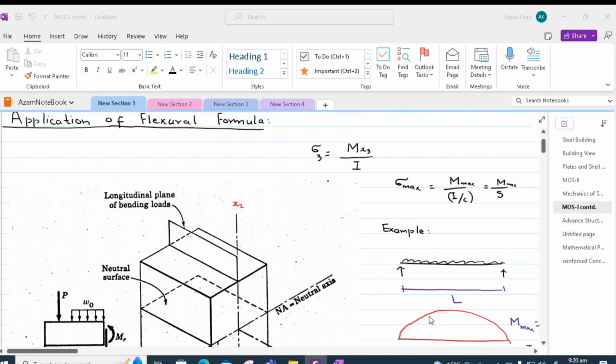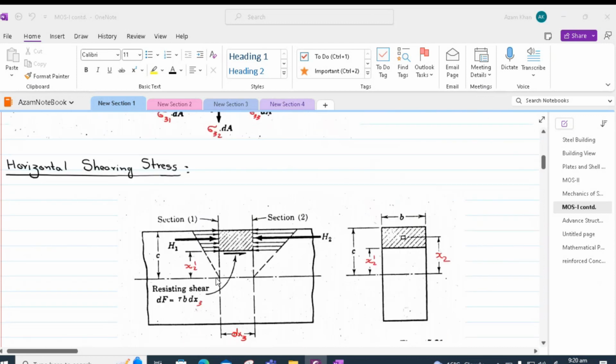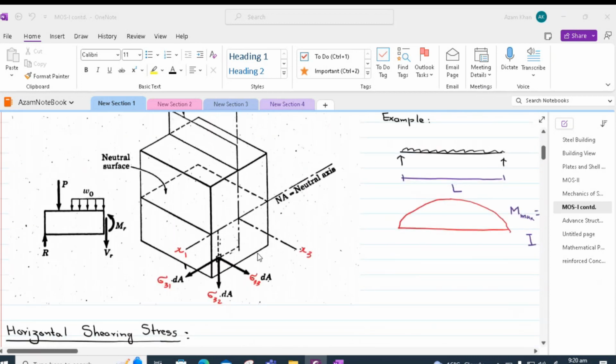The moments at these two sections can be decoupled, and we will get a stress distribution which is shown in this figure. We assume that the region above the neutral axis is in compression. The two sections are separated by the distance dx3, remembering that x3 is the axis along the beam.